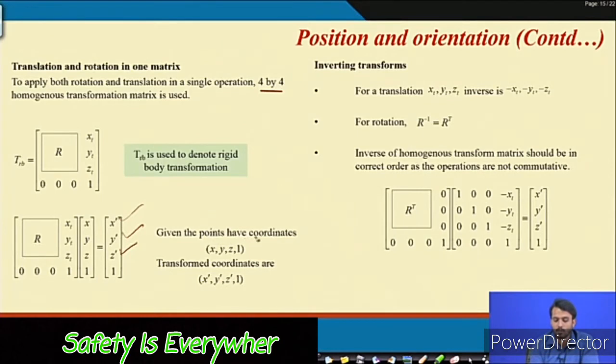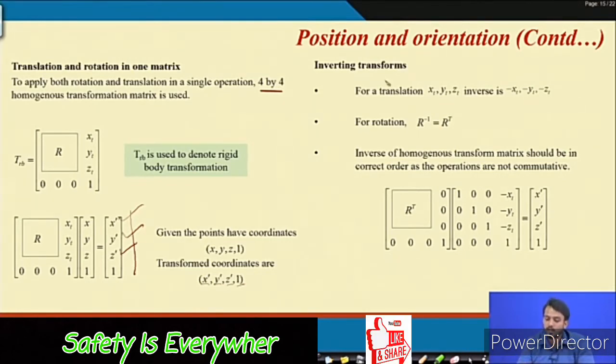Given the point has coordinates X, Y, Z, 1, as we are considering a 4 by 4 homogeneous matrix, the transformed coordinates will be X dash, Y dash, Z dash and 1, which we can obtain from here. This is the operation for the translation and rotation.